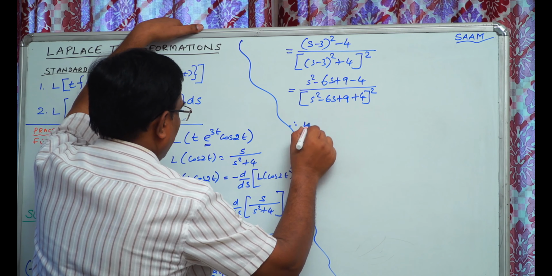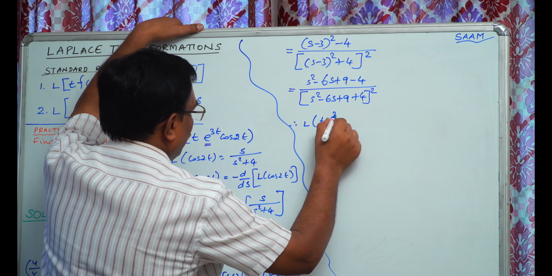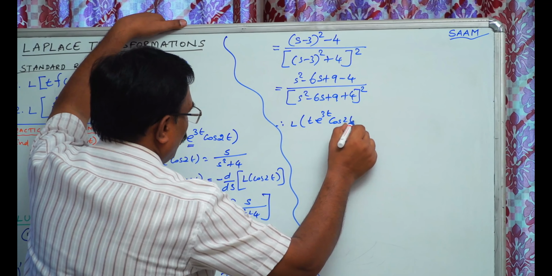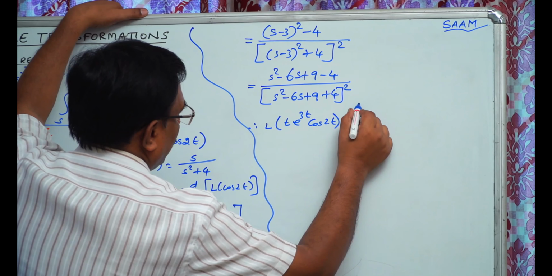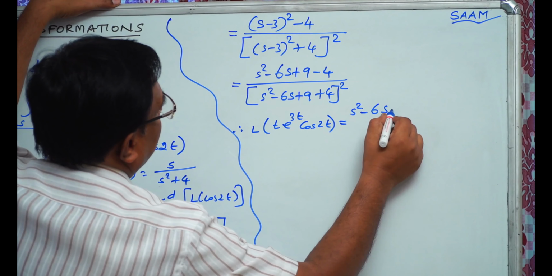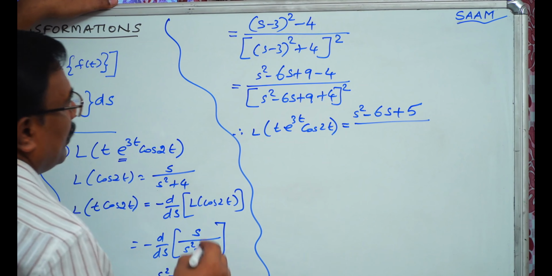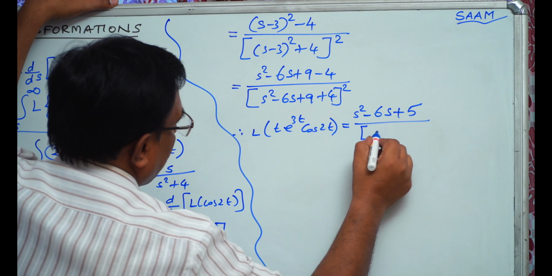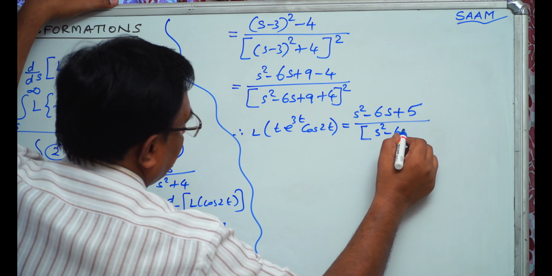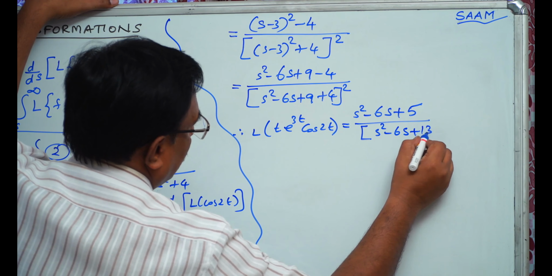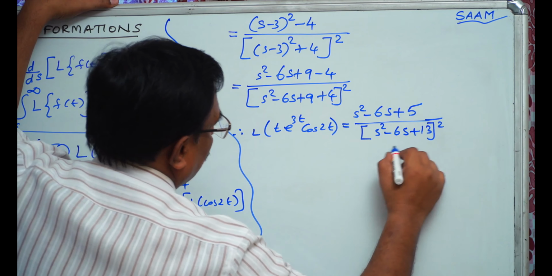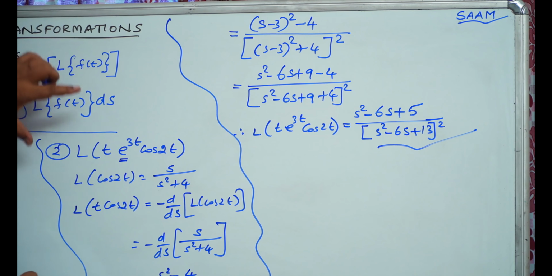Therefore, Laplace of t e power 3t cos 2t is equal to s square minus 6s plus 5, since 9 minus 4 is 5, divided by s square minus 6s plus 13 whole square. So this is the answer for the second one.